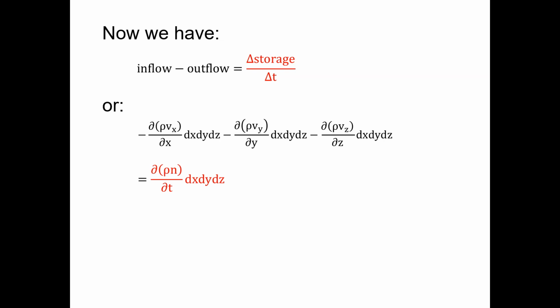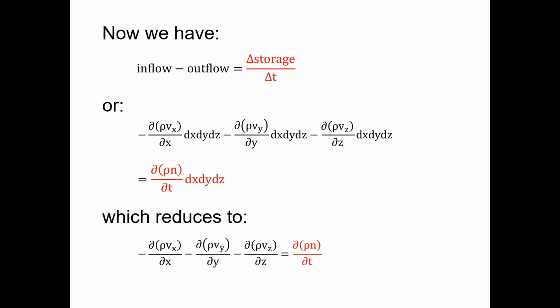And if we plug everything in, we have that the black terms here represent inflow minus outflow, and this item shown in red represents the change in storage over time. And once again, if we divide both sides by dx dy dz, we end up with this term.